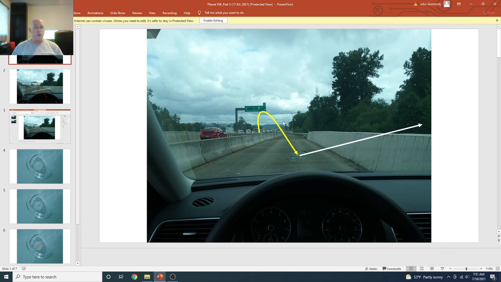So if you're closer than 200 feet behind a dump truck and something comes out and clobbers your car, it's on you. 200 feet, that's a lot of distance there, folks. Okay? Now, at least that's the way it is in Washington, I guess.